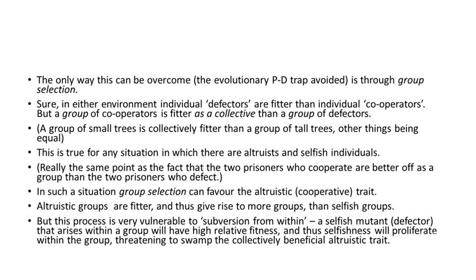That is, trees that are such that the strategy grow tall is encoded in their genes, those trees in an environment where other trees are tall will be the fittest. Okay, so in all of the relevant environments, the fittest strategy is grow tall.